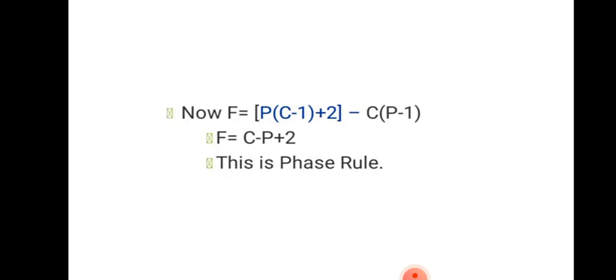When we solve this equation, the formula comes out F is equal to C minus P plus 2, and this is the Gibbs phase rule. Thank you.